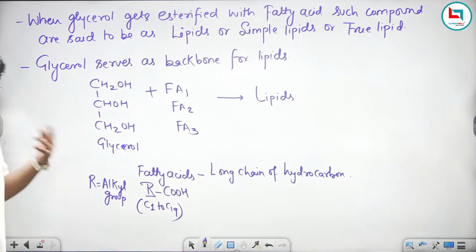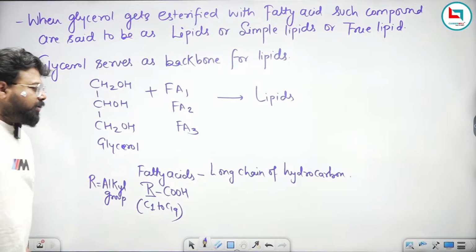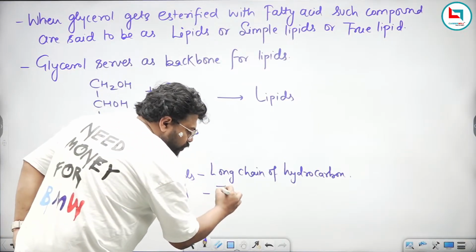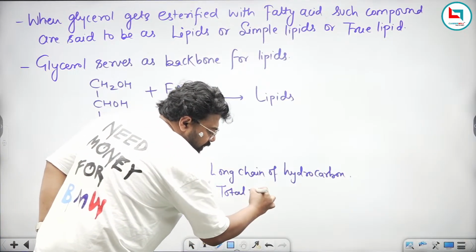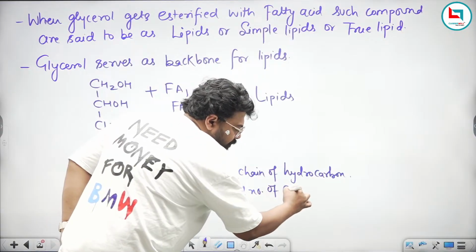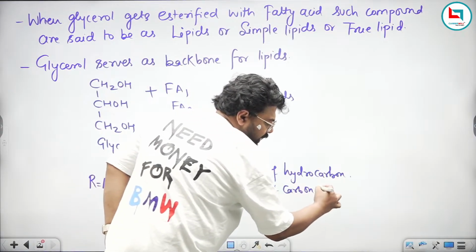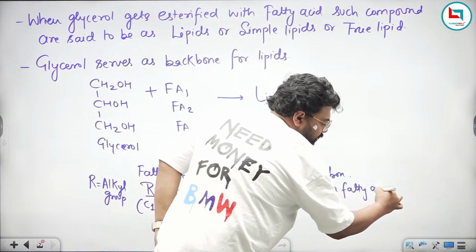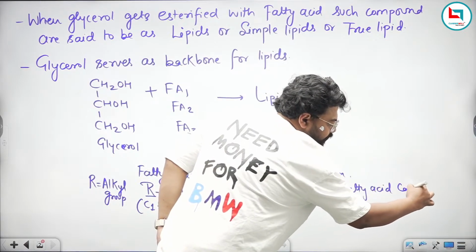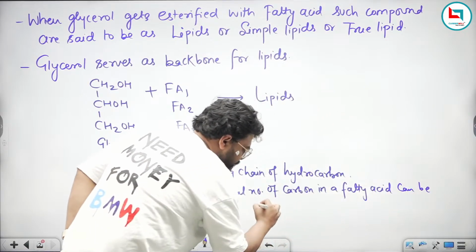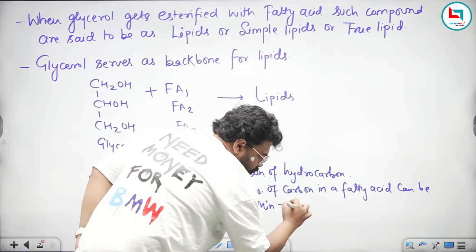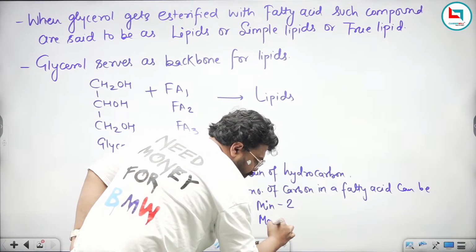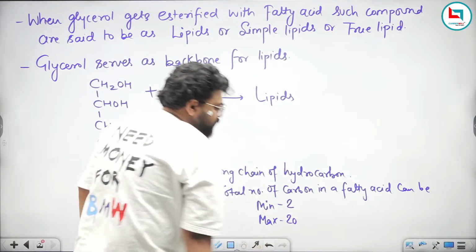The total number of carbon in a fatty acid can be minimum 2 and maximum 20.